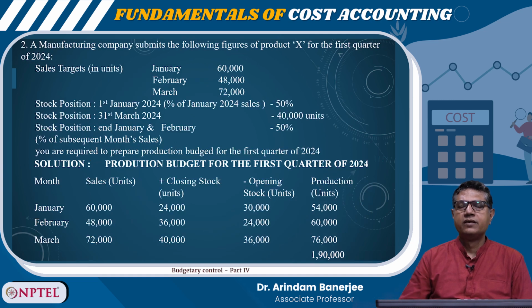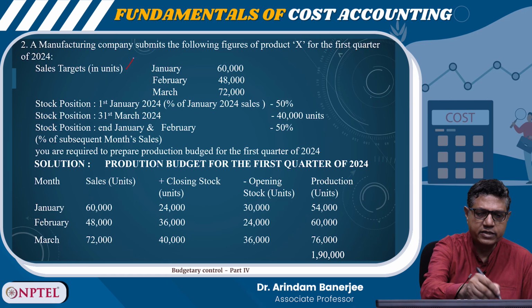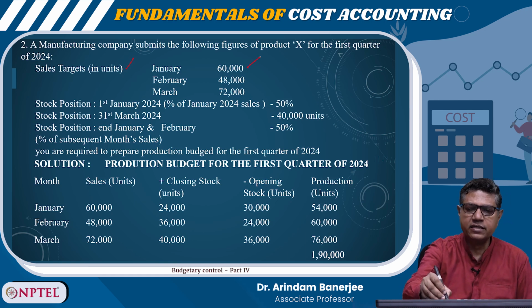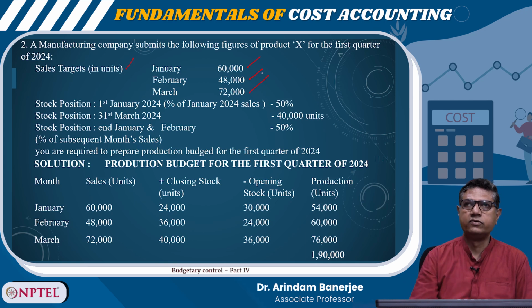Okay. Problem number 2. A manufacturing company submits the following figures of product X for the first quarter of 2024. The sales targets in units are: January 60,000, February 48,000 and March 72,000.